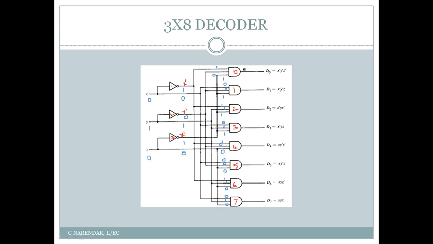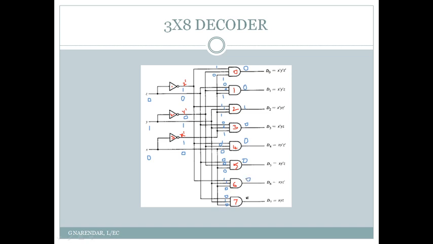So for this AND gate the output is 0, and for the second AND gate all of the inputs are 1, so the output is 1. For the remaining AND gates, at least one input is 0, so the outputs of all these AND gates are 0.